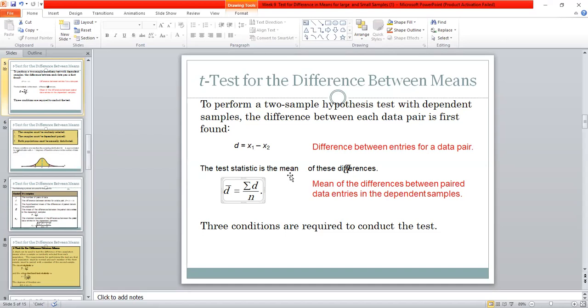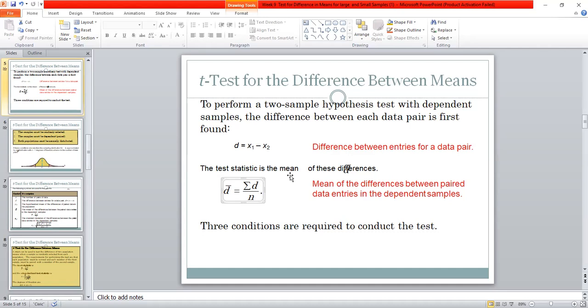To note that under the dependent sample test, which we're doing now, the null and alternative hypotheses are written in terms of mu D. You write in terms of mu D as follows.